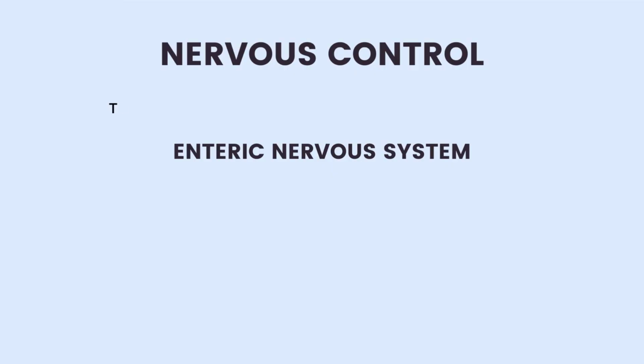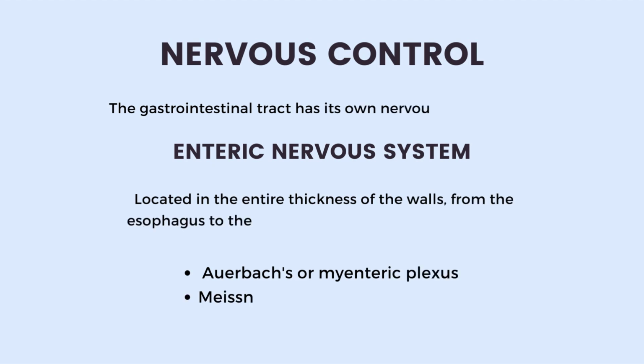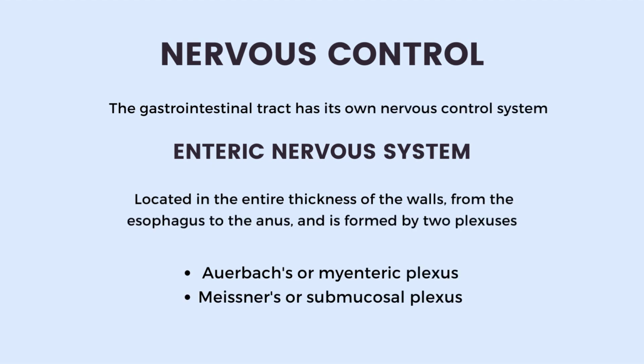The gastrointestinal tract has its own nervous system, called the enteric nervous system, which is located throughout the thickness of the walls from the esophagus to the anus, and is formed by two nerve plexuses, Auerbach's or myenteric plexus, and Meissner's or submucosal plexus.